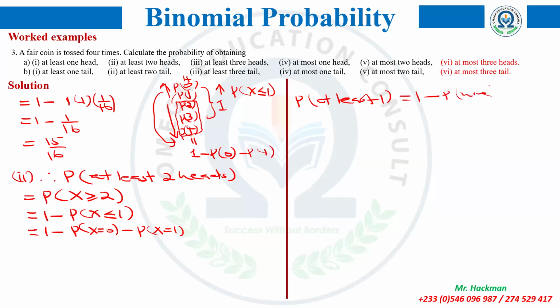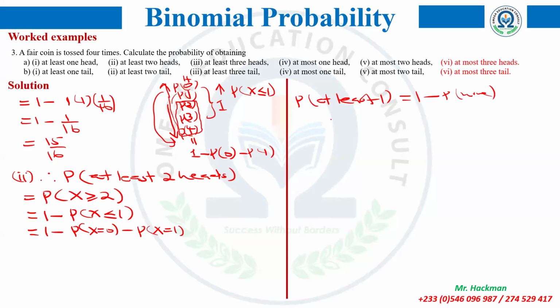So it will only be one probability that you find and subtract from the total. Because if it's at least one, it will be from here down, so the only one missing will be there. So it will be 1 minus none, because none will be 0.